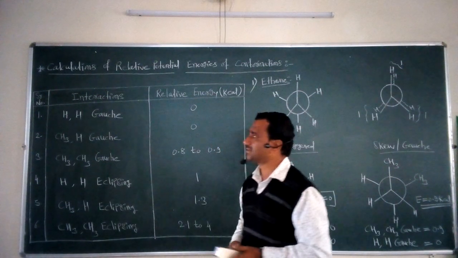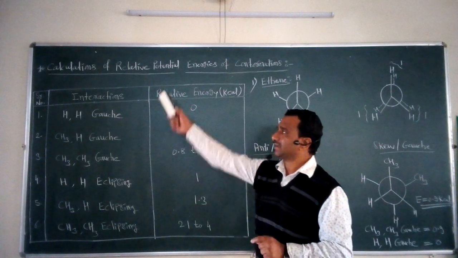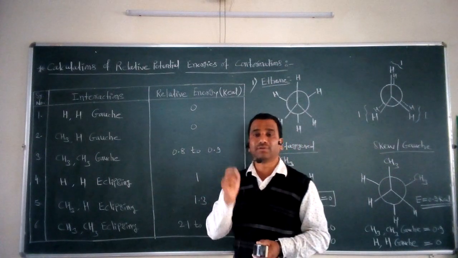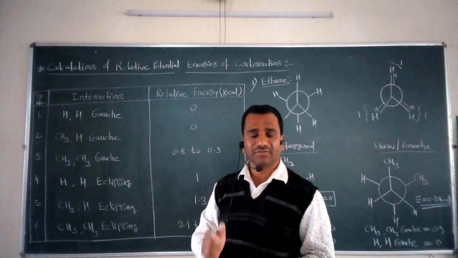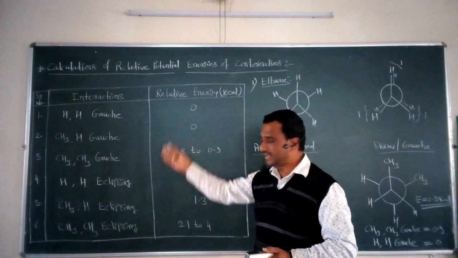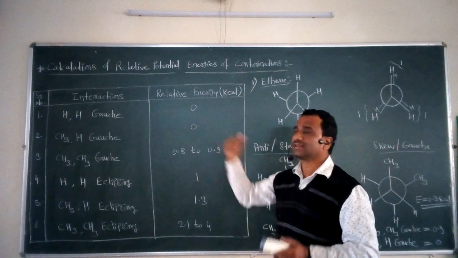So in the current lecture, we studied one important point from the chapter, the calculation of relative potential energies of conformations. It is very important. For this purpose, we have to take into consideration these six types of different interactions and their relative energies in kilocalories.